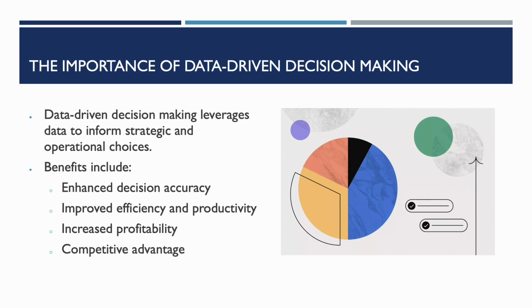So increase profitability, which also means risk management. If there is less risk, you will have more profitability. So it helps identify potential risks before they become significant issues, so you can have more profit.